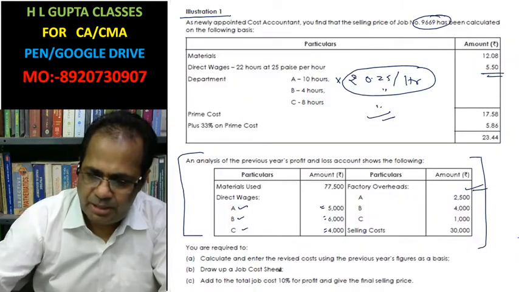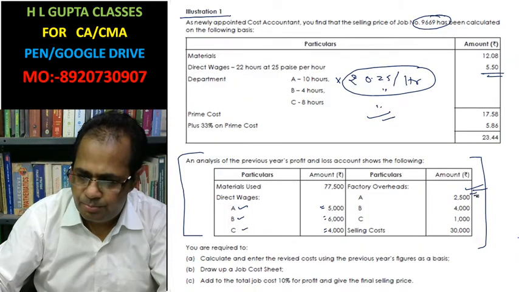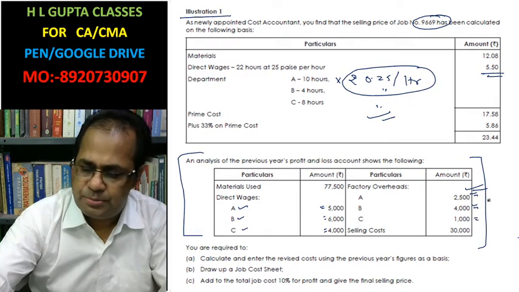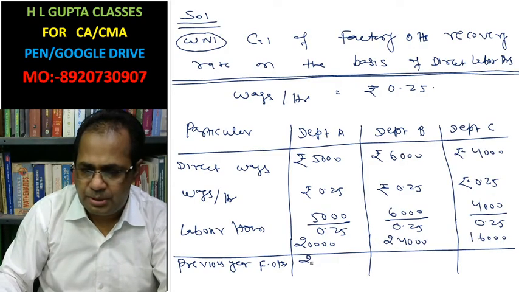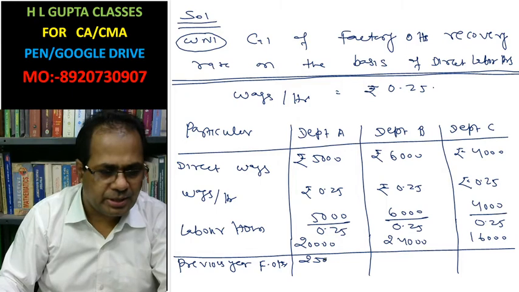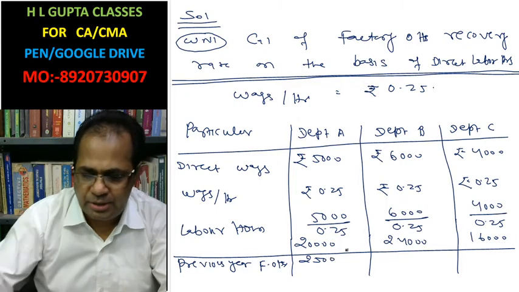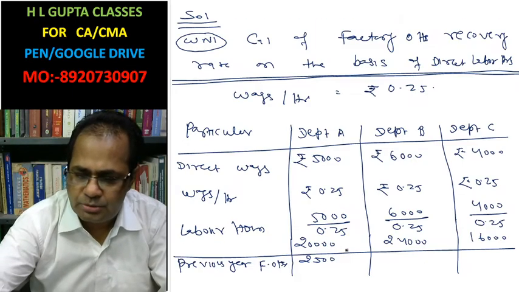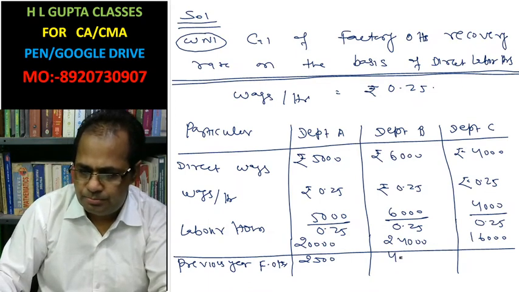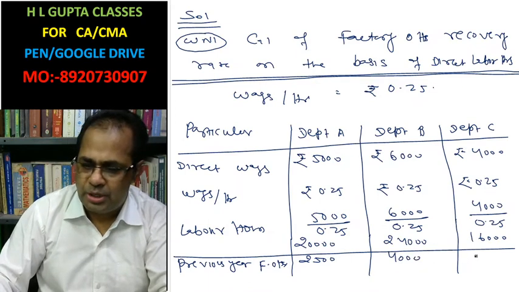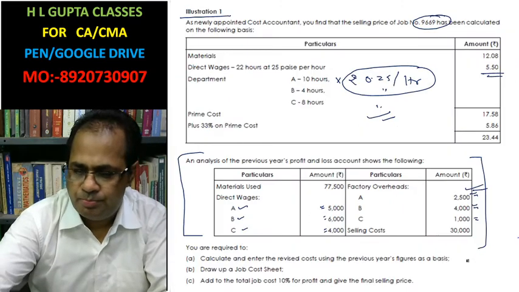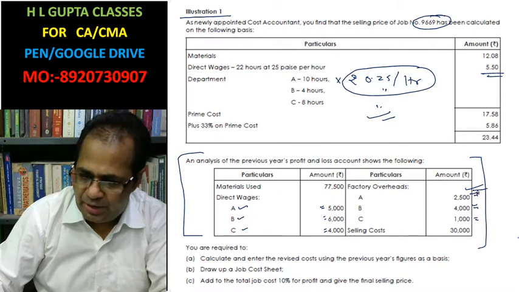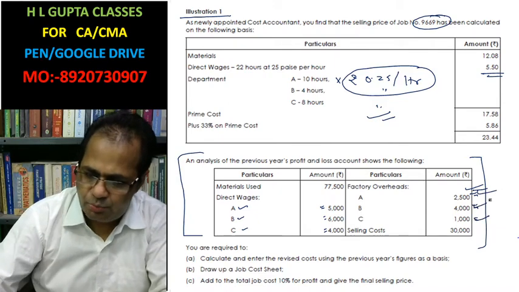These factory overheads are given for the previous year: 2,500, 4,000, and 1,000.